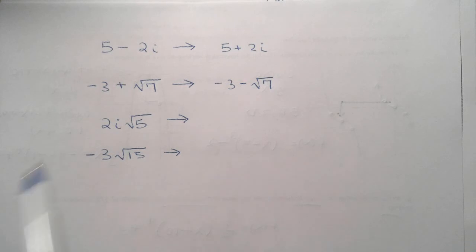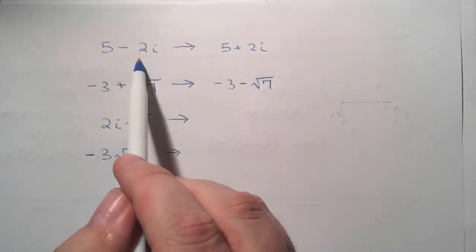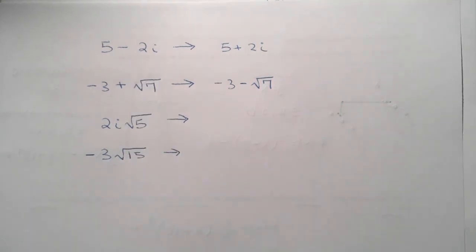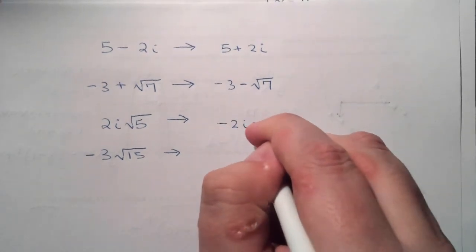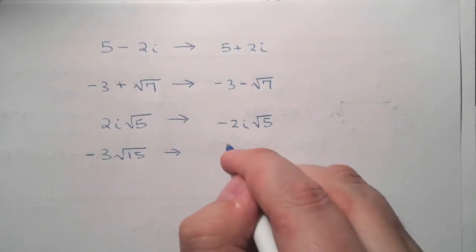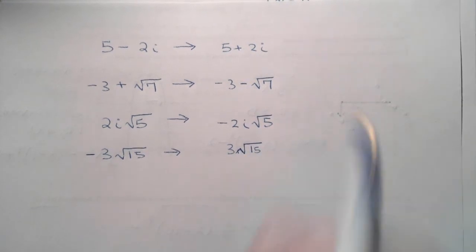That's the conjugate expression. Notice I'm changing the sign or operation before the imaginary or square root part. If 2i square root 5 is a root of some polynomial, then so must negative 2i square root 5 be a root. And again, if negative 3 square root 15 is a root, then so must 3 square root 15 be a root.